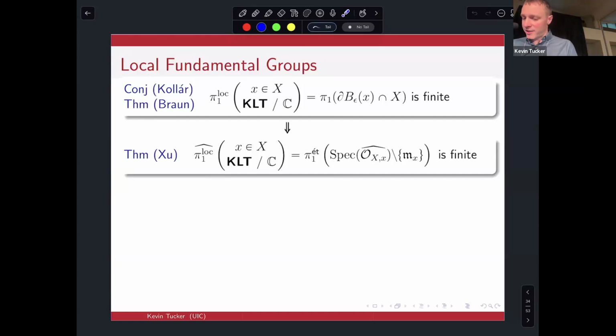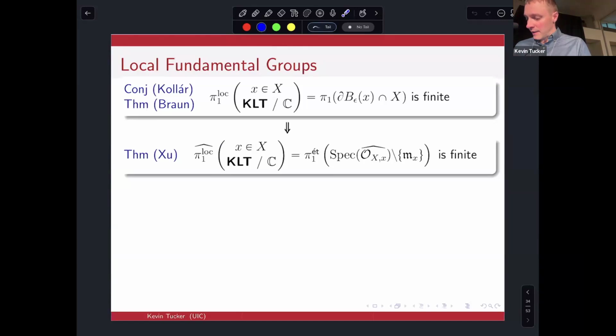One of the reasons Xu was able to do this is that while the actual fundamental group is a little hard to get your hands on algebro-geometrically, this profinite completion you can realize as the étale fundamental group of the punctured spectrum of the completion of the stalk at that point. So there's an algebraic formulation of the profinite completion of the local fundamental group.